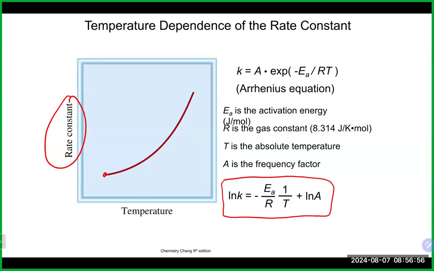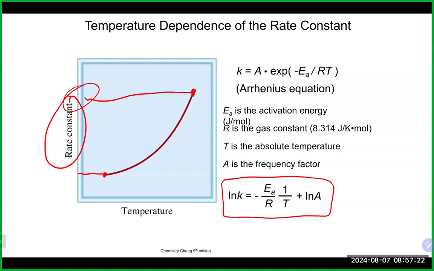At a lower temperature, we have a much slower reaction, or a lower rate constant. When we increase the temperature, we see a much higher rate constant, and the reaction proceeds a lot faster. As we talked about yesterday, if you raise the temperature about 10 degrees Celsius for a lot of reactions, that's enough to make the reaction occur twice as fast as it normally would.